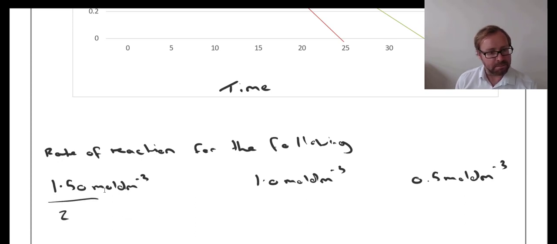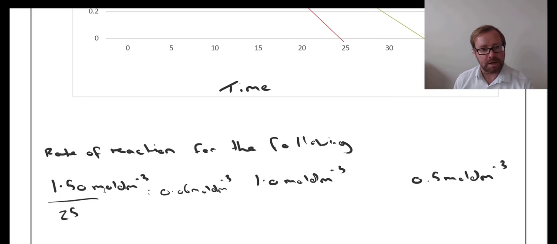Therefore, to work out my rates, I divide 1.5 divided by 12, which gives us a value of 0.6 mole dm^-3. At 1, I have a value of around 35 seconds. Again, if you get different values, that's okay.